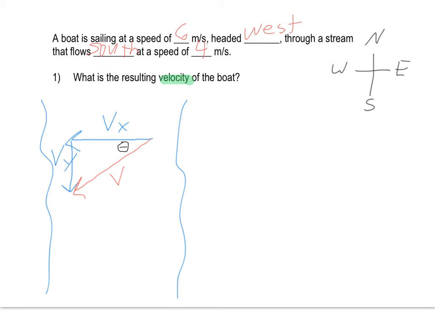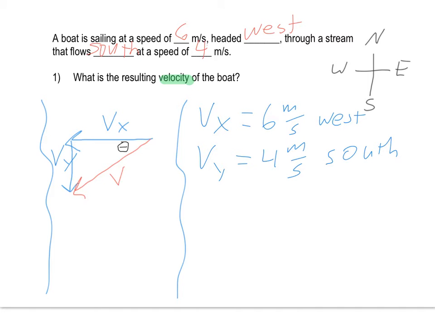So I'm going to recap. My horizontal velocity Vx is 6 meters per second, and the boat goes west, which is why that's horizontal. My Vy is 4 meters per second, and that's to the south.